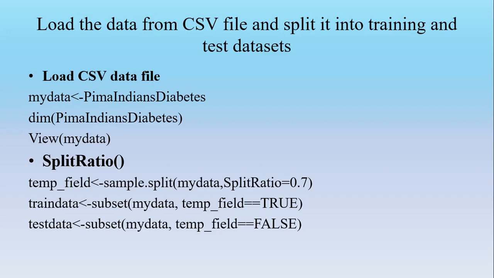Now in the second part, we split the ratio, that is splitting into training and test datasets. First we have to understand what training data and test data are. Training data is a subset used to train the model, and the test set is a subset used to test the trained model.